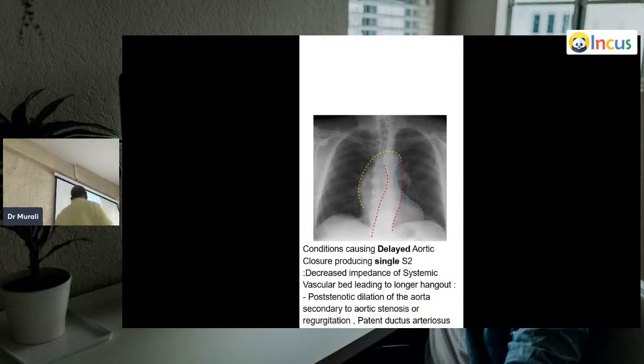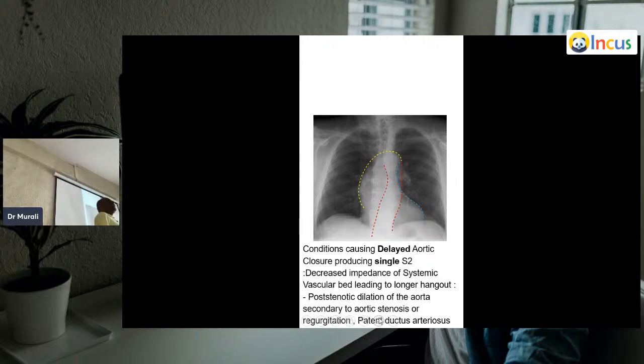Once more. Any decreased impedance of the systemic vascular bed. So now let's talk about what is the meaning of decreased impedance of the systemic vascular bed.